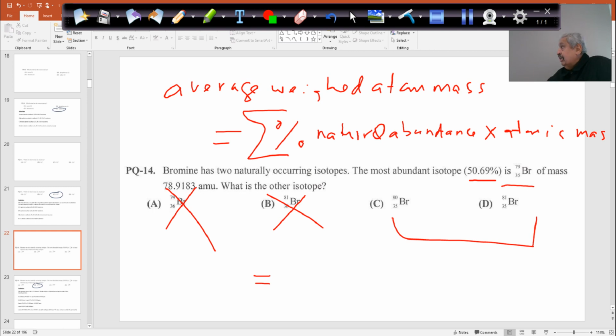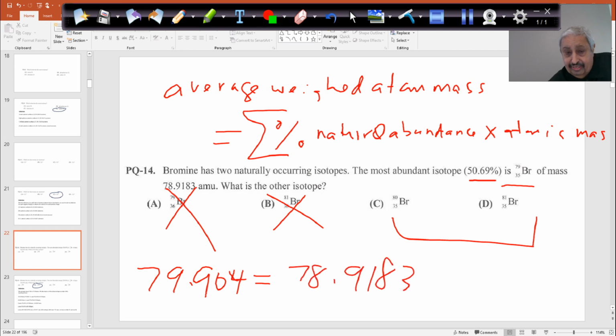You can calculate it. You can look at the average atomic mass that appears in the periodic table. What is the atomic mass in the periodic table for bromine? 79.904 amu, or atomic mass unit, or gram per mole. The first one given to you is 78.9183 amu.